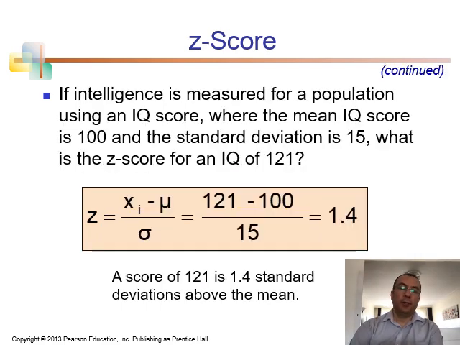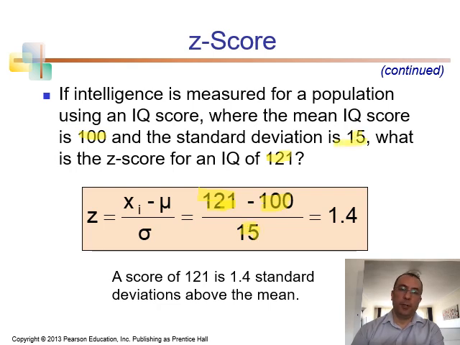So for example, you want to measure the z-score for IQ. Someone's IQ is 121, and the average is 100. So you take the difference, 121 minus 100, and the standard deviation is 15.